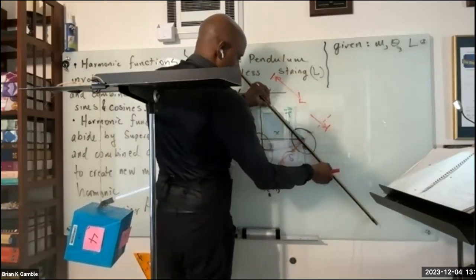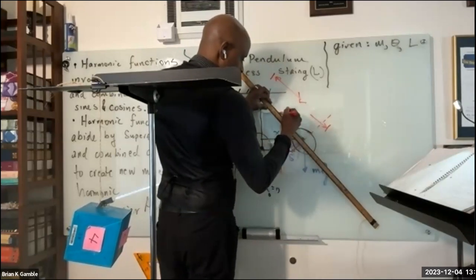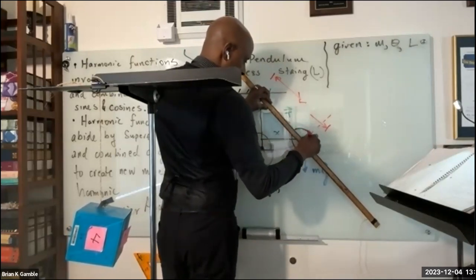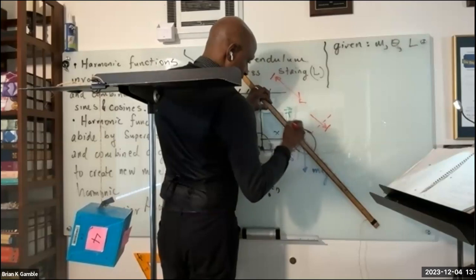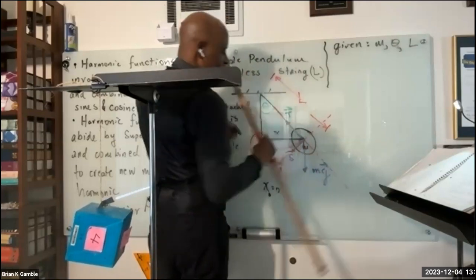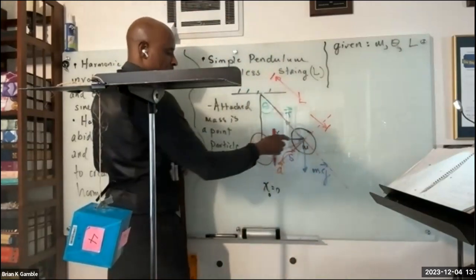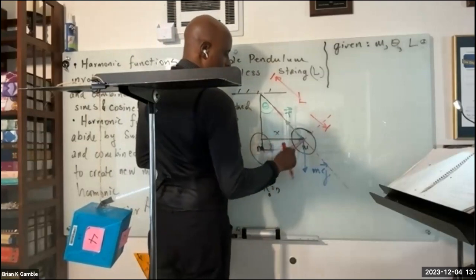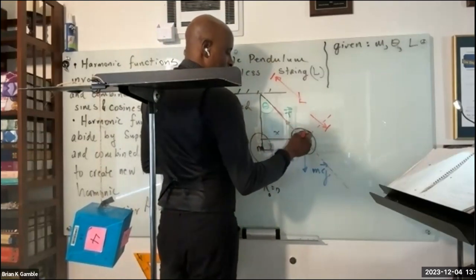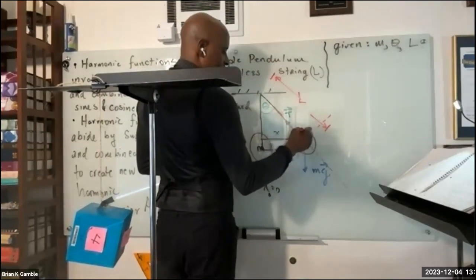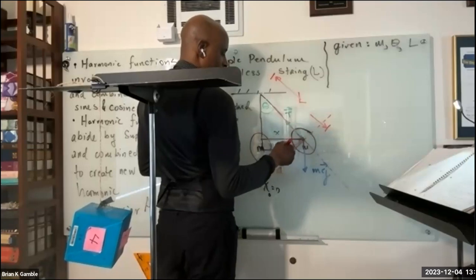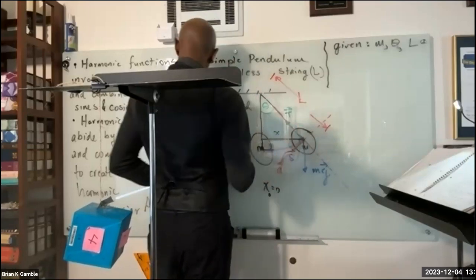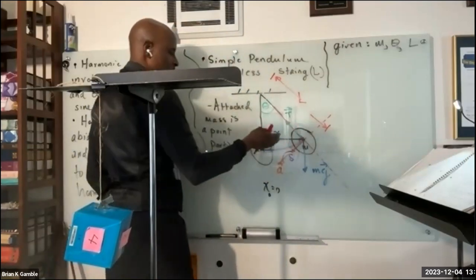The y-axis will be along the direction of the string, and the x-axis is going to be basically tangent at every point to the arc length, because I'm going to attach this coordinate system to the ball as it moves around. We don't have to get into that yet, because we're just at this instant.